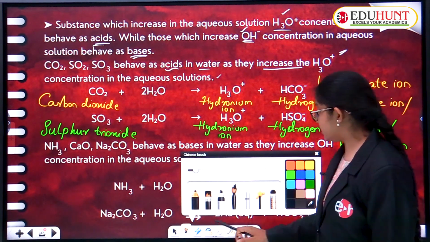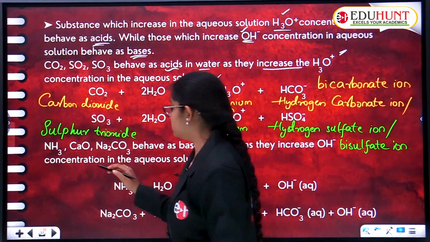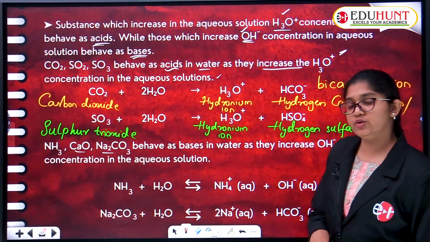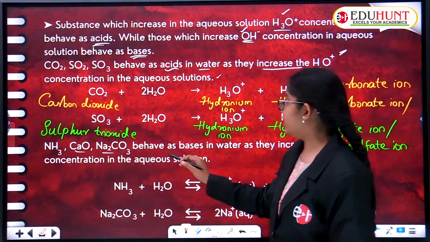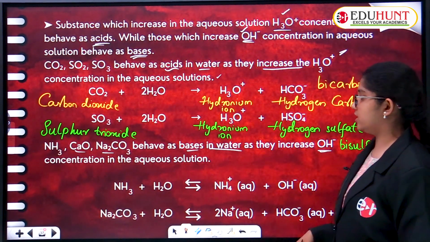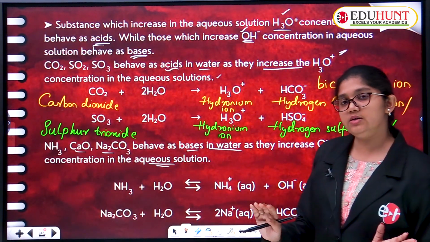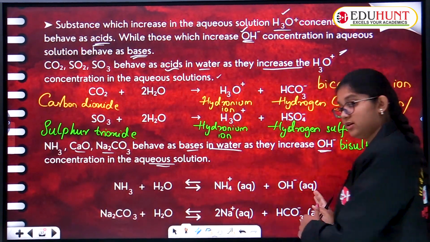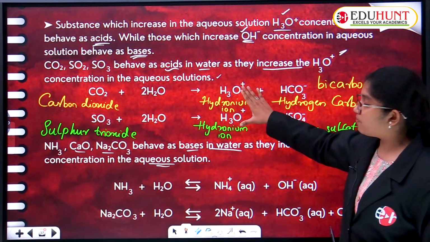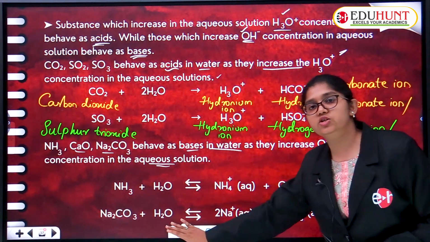In the previous topic they included only ammonia, but here they have given two more examples, namely calcium oxide and sodium carbonate. They behave as bases in water as they increase the OH minus ion concentration in the aqueous solution. So whatever liberates OH minus ion concentration in the given equation is a base, and whatever gives H3O plus, hydronium ion, concentration is an acid, regarding the modification in the Arrhenius theory.